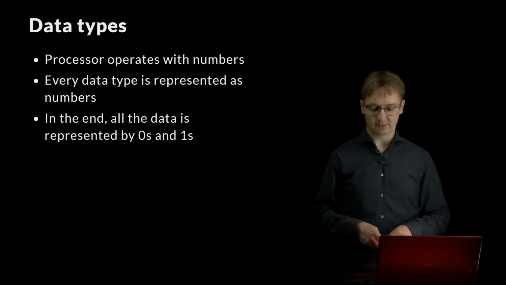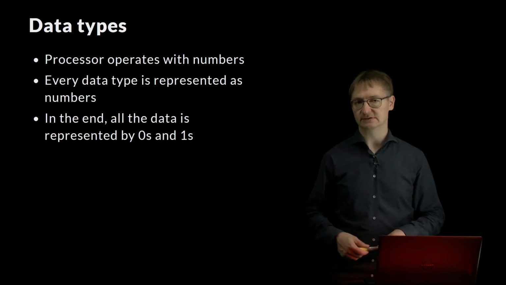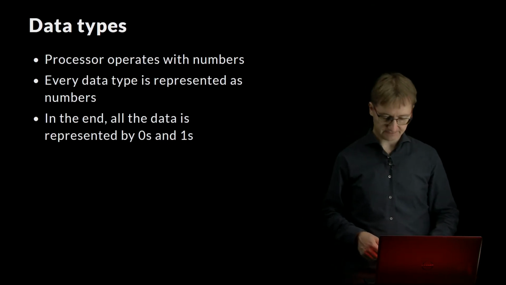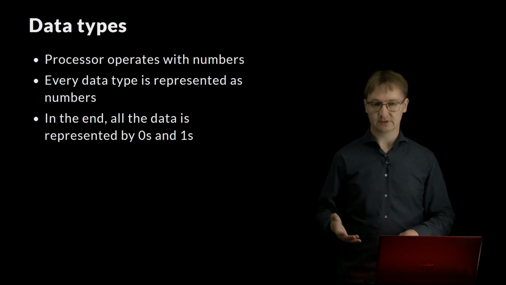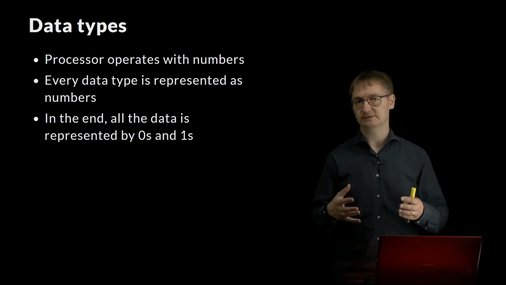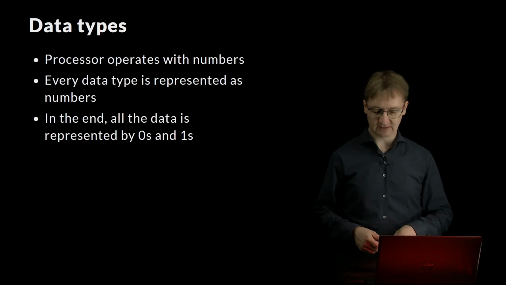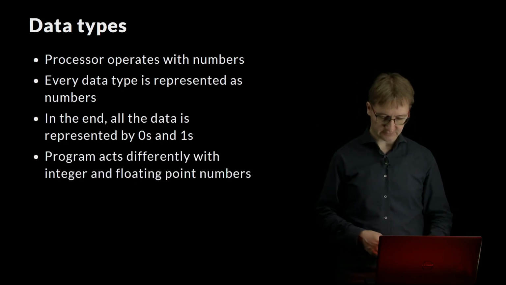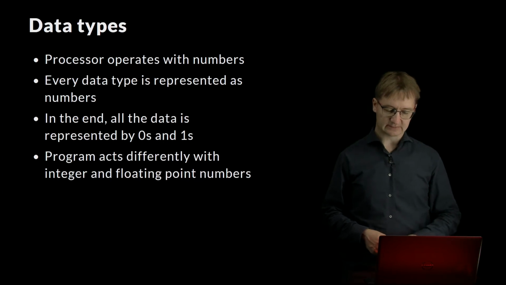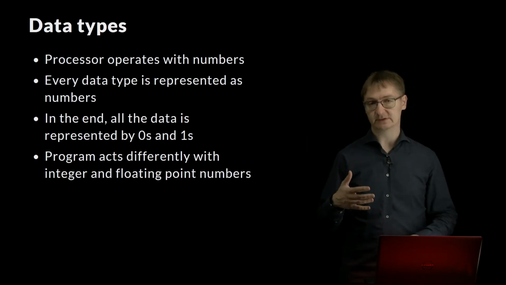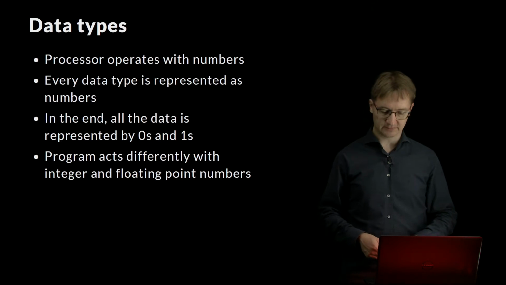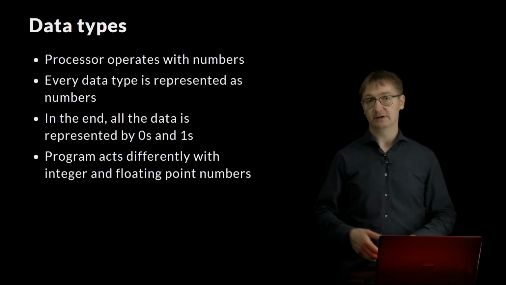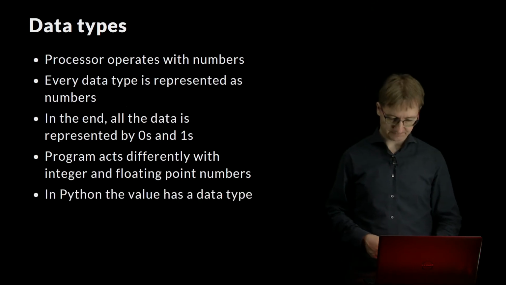And in the end, all the data is actually represented as zeros and ones for the processor. But it's nice to know that even if you have text or anything else, it's actually a bunch of numbers for the computer. And depending on whether you have integers or floating point numbers, the program acts differently with them.